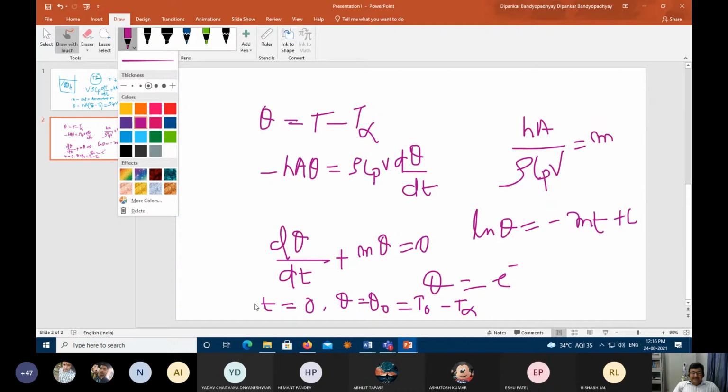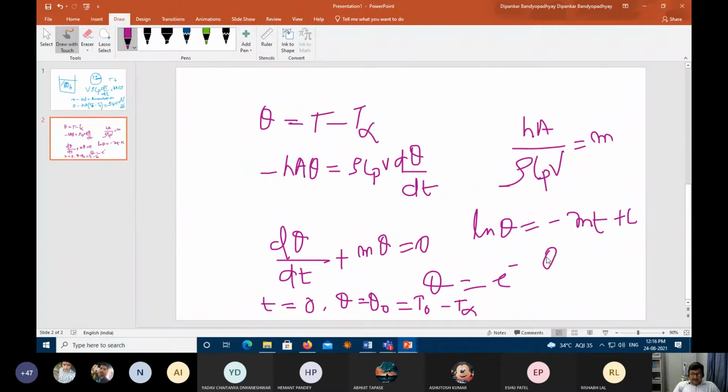If at t equal to 0, theta is equal to theta 0, then what is C? It equals ln theta 0, right? So then what is the final solution? Theta by theta 0 is equal to what?